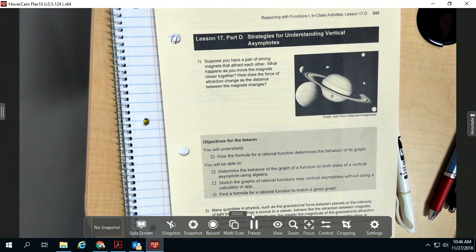Eventually, as you move them closer and closer together, their attractive force is stronger than you can hold them back, and they just go like that, right? Now, if they had the same pull towards each other, you couldn't get them to touch each other. But we're talking about opposite poles, so they attract each other.